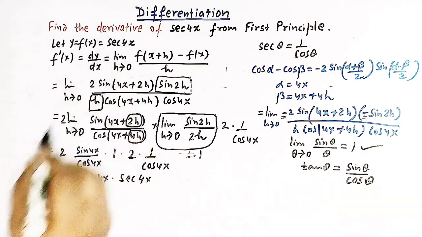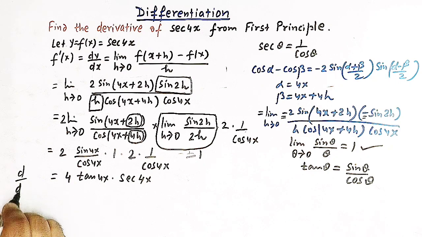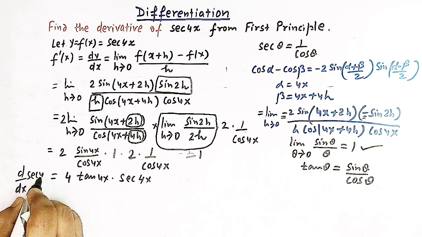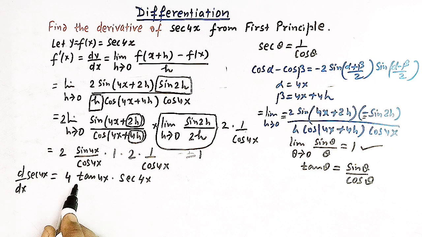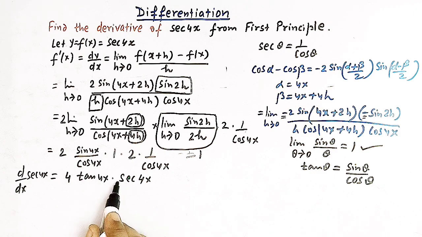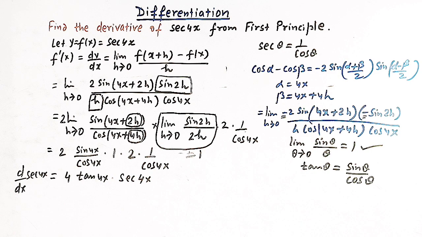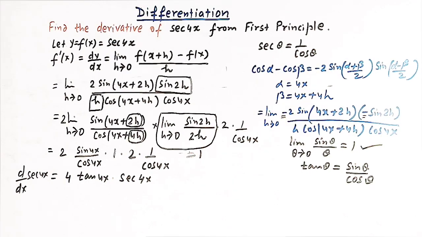So the derivative of secant 4x with respect to x is given by 4 times tangent of 4x times secant of 4x. So viewers, this is how, by making use of the concept of first principle, we can arrive at the derivative of the given function.